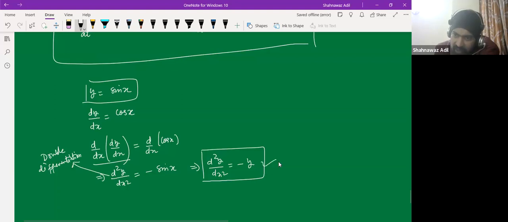So this kind of function is called a simple harmonic function, right? So sin x, cos x, all these trigonometric functions are simple harmonic functions. Their second derivative gives back the function itself. Is it clear to you guys?